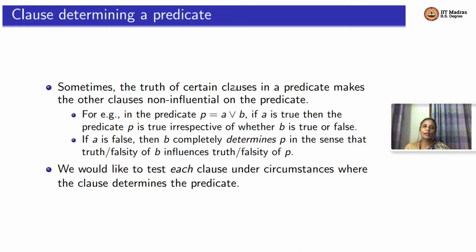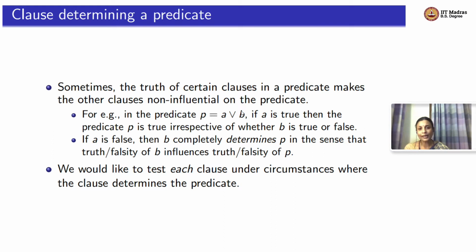So we consider this notion of a clause determining a predicate. Let's take an example to understand what this means. We'll take the same predicate that we have looked at till now in this lecture, A or B. Suppose the clause A was true right up front. Then irrespective of whether B is true or false, the semantics of the OR connective says that the predicate will evaluate to true.